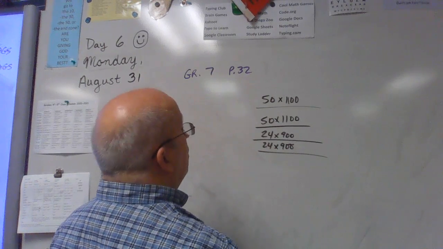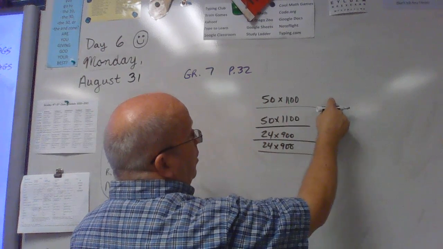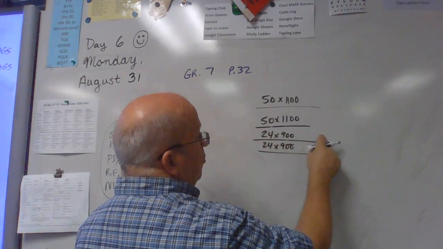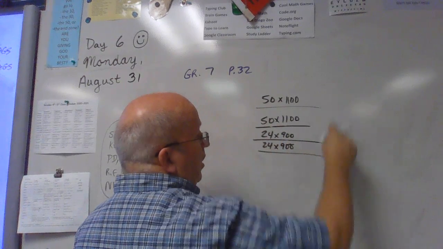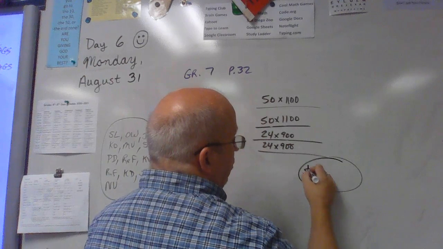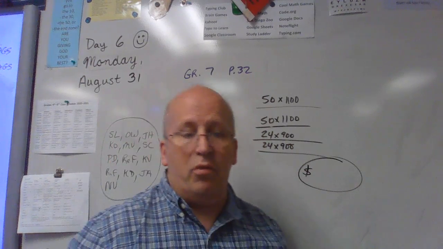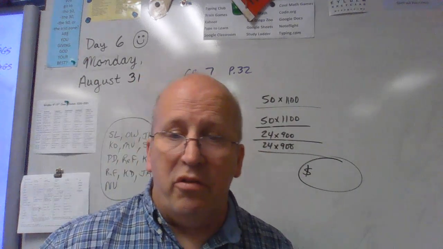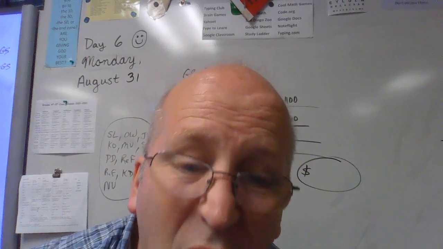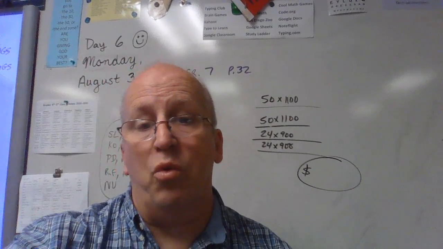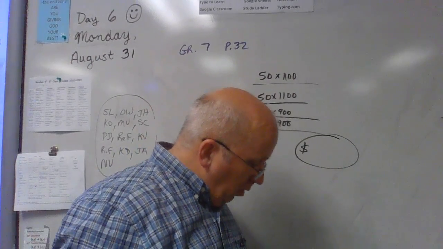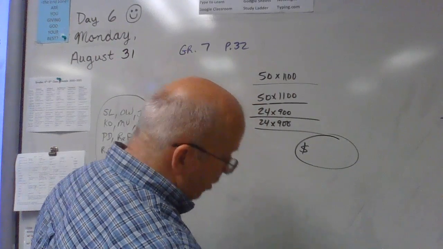Well, for me, I multiply these numbers together, put the answer here, multiply these, put the answer here, multiply these, put the answer here, and add up those numbers. And down here, that is the answer we're seeking. I'll give you a clue. The answer we're looking for is somewhere between 140,000 and 150,000.